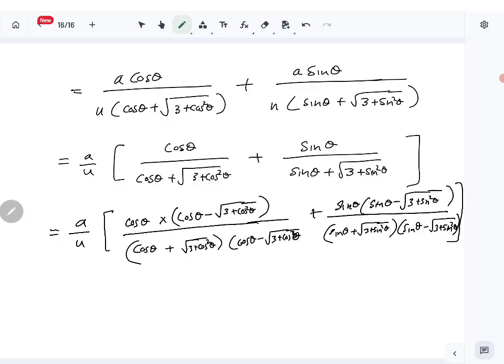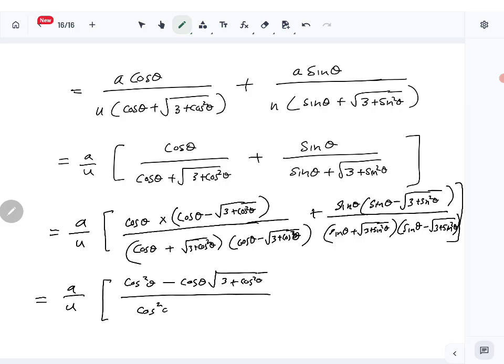Right, now simplify. A over u, you get cos square theta minus cos theta times root 3 plus cos square theta, and the denominator is what? Cos square theta minus 3 plus cos square theta.